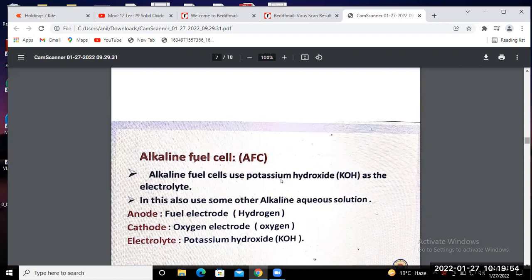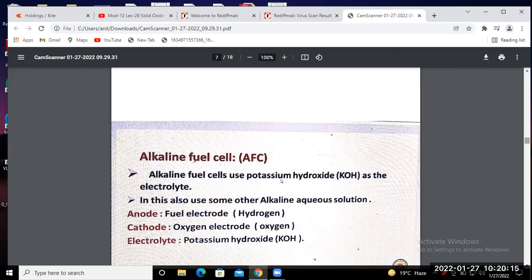The alkaline fuel cell uses potassium hydroxide, chemical formula KOH, as the electrolyte, and also some other alkaline aqueous solution.